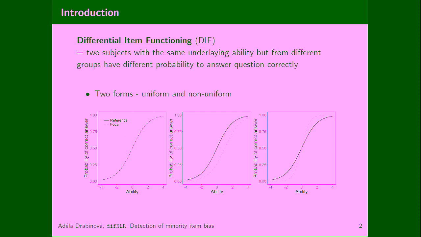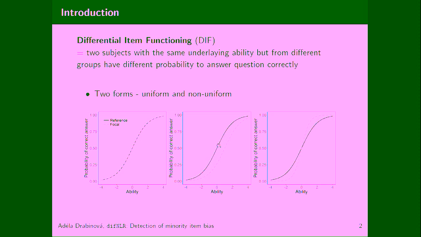In the first figure, you can see that the curves of probability are the same for all levels of ability. There is no DIF. In the second figure, you can see that one line is above the second one, and this is called uniform DIF.